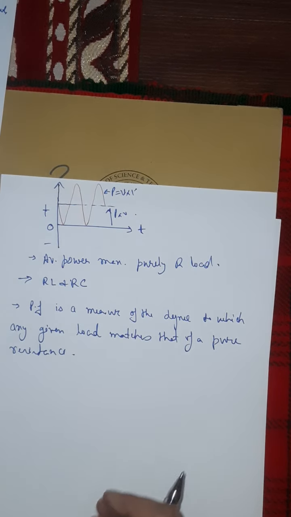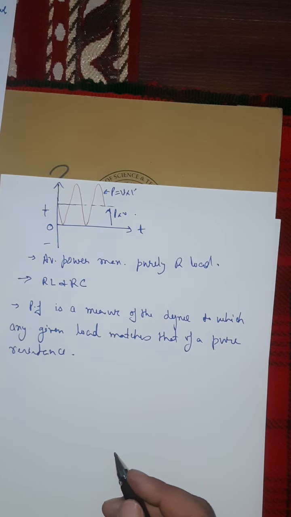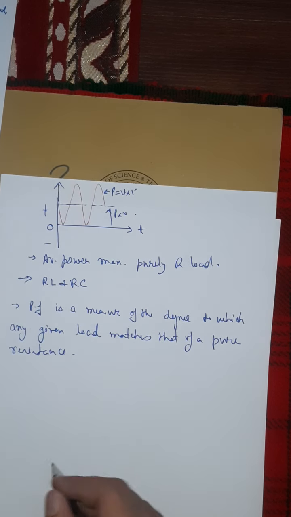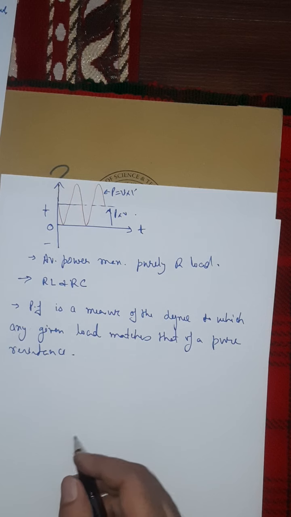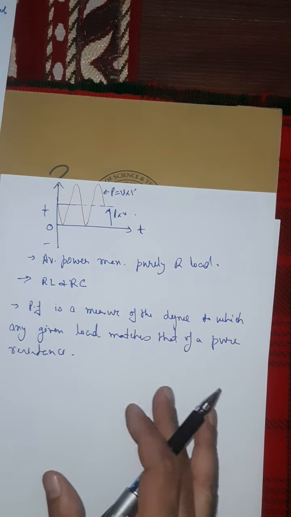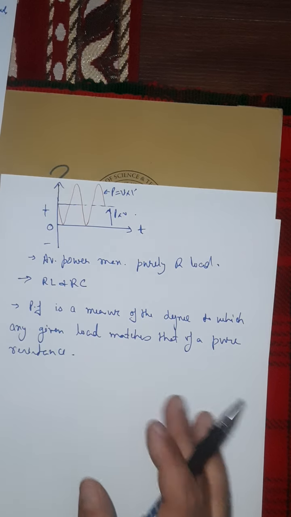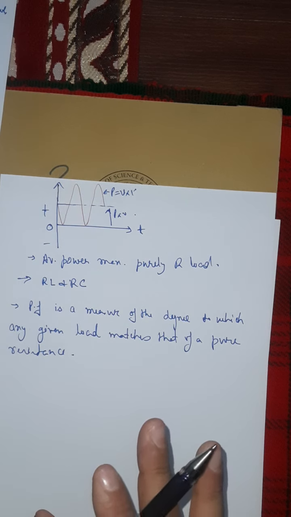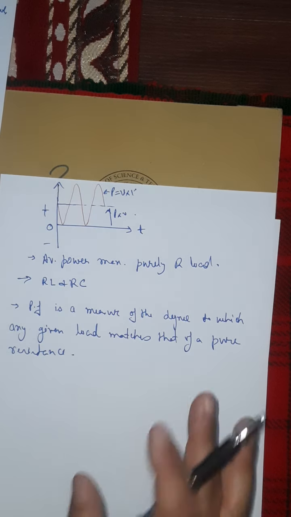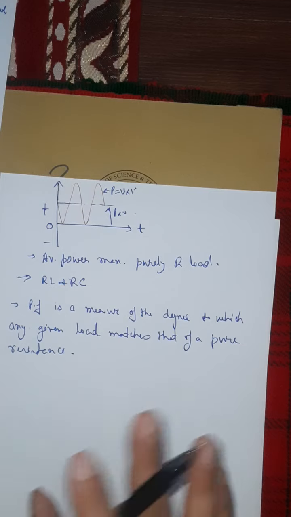So power factor can be 1 for a purely resistive load, it can be 0 for a purely inductive or capacitive load, and it can be between 0 and 1 for an RL and RC load.